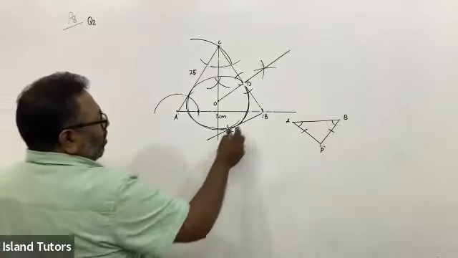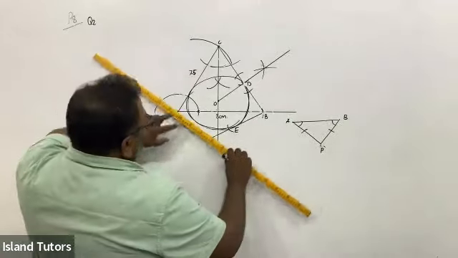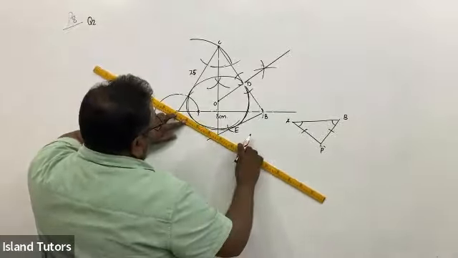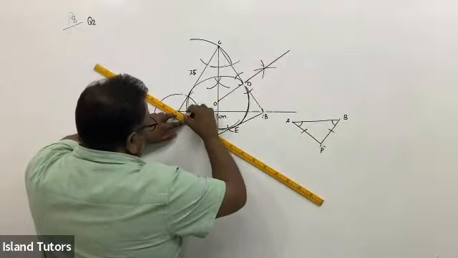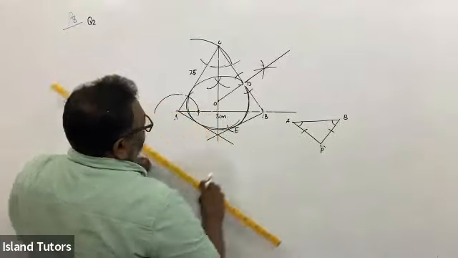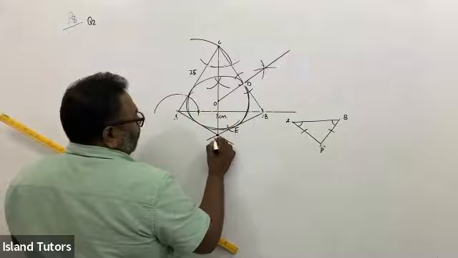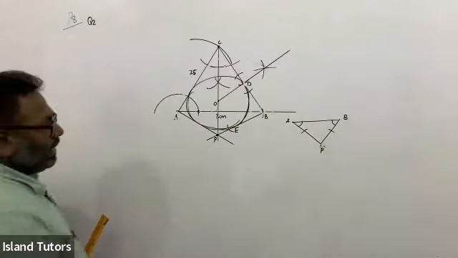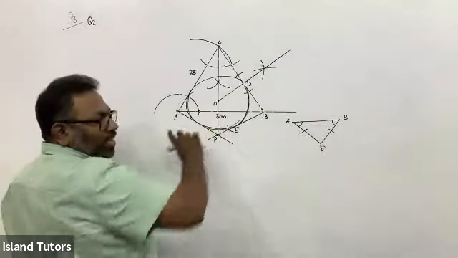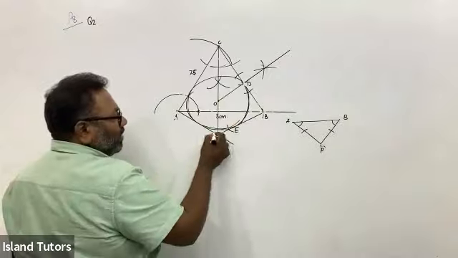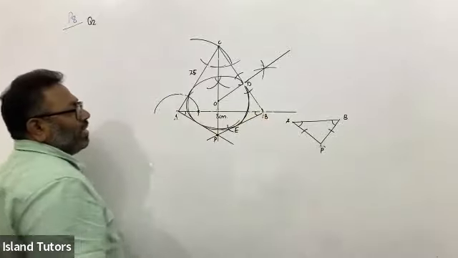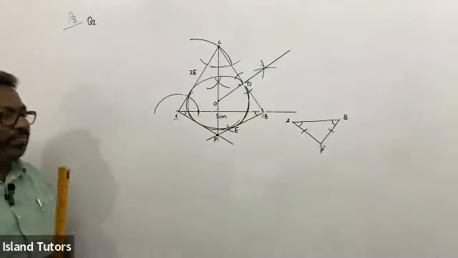So therefore, this and this should go like this, and this point becomes your E. These are becoming your tangents, and therefore this angle will be equal.